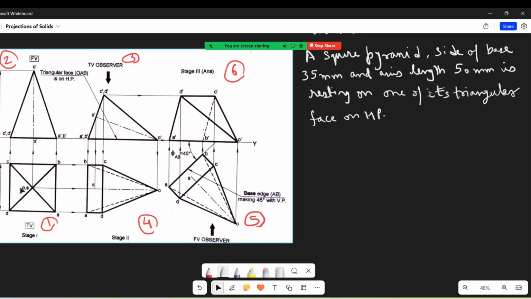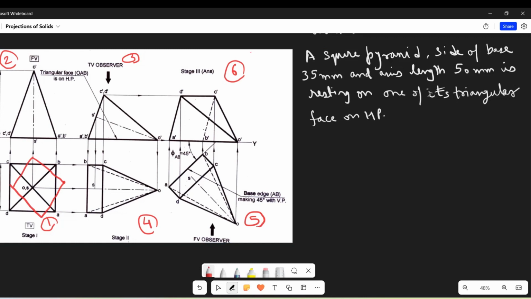So first we will draw this. This square has to be drawn like this. We cannot draw the square like this. Because if we draw the square like this, then here we'll get 1 point.